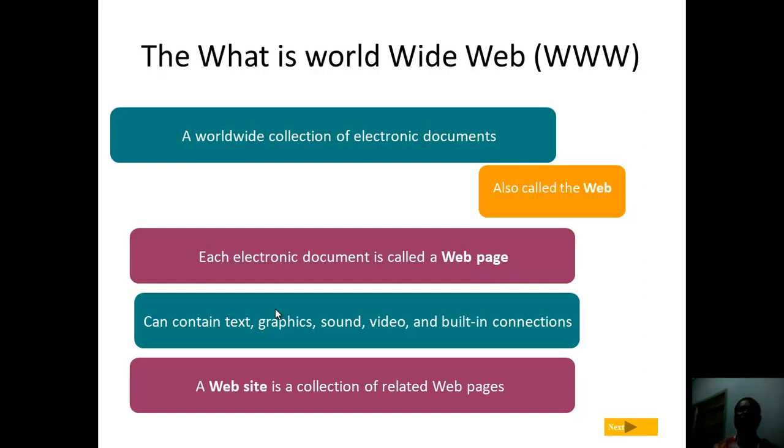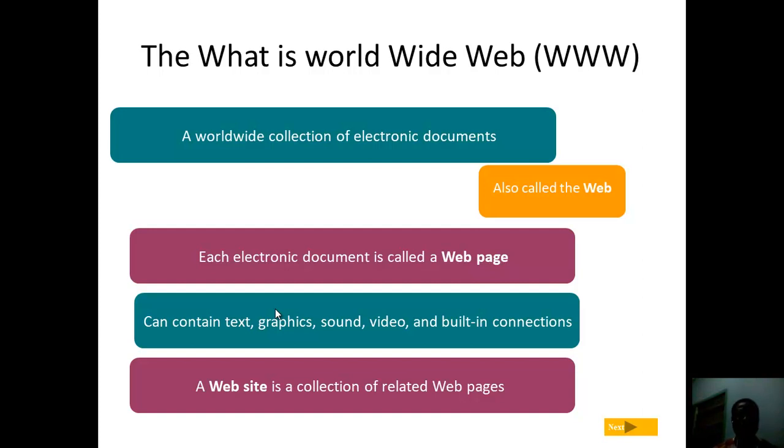These pages combine to form what we call the World Wide Web. The internet is an interconnection of networks and computers. But the pages, the sites that provide these documents, are the World Wide Web.